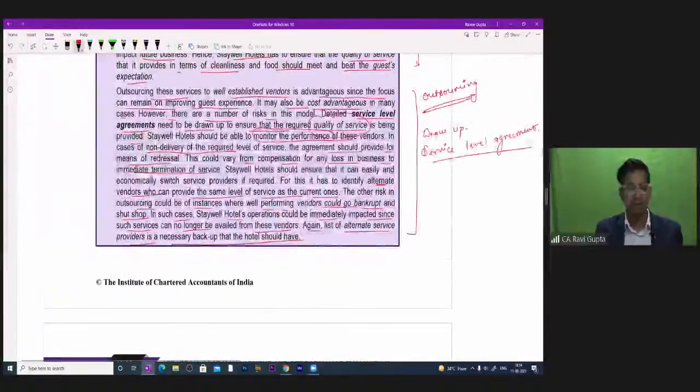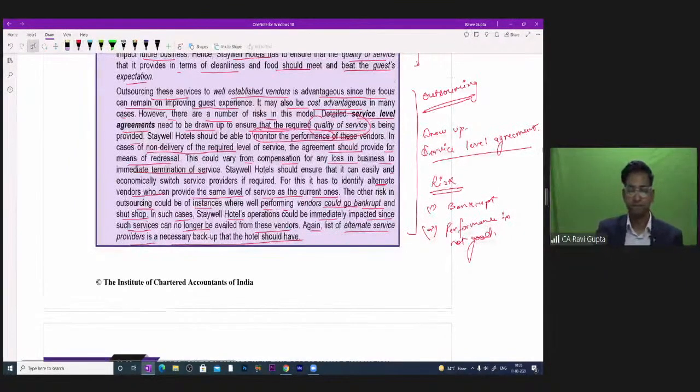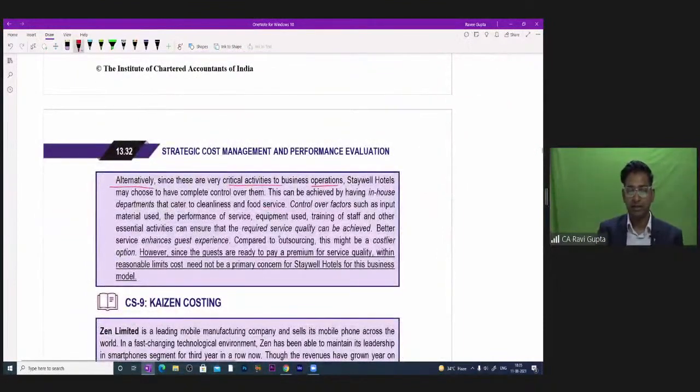The risk is that the vendor could go bankrupt, or it could not provide, or its performance is not good, right? So if this is a risk, what solution do we have?